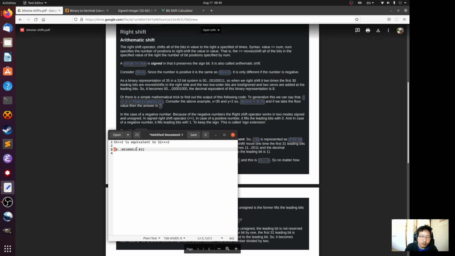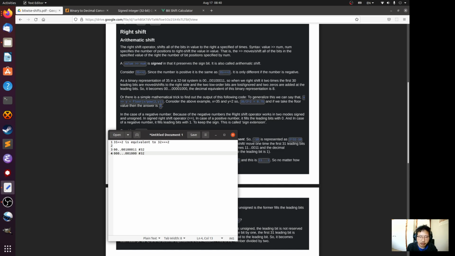Because it's arithmetic, it's sign conserving. This 0 is copied. Okay, and can you see here, these two are lost to the shifting. Okay, they're gone. So it becomes like that.